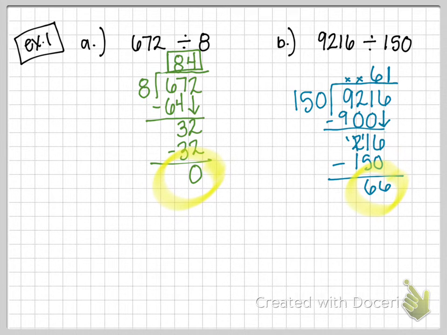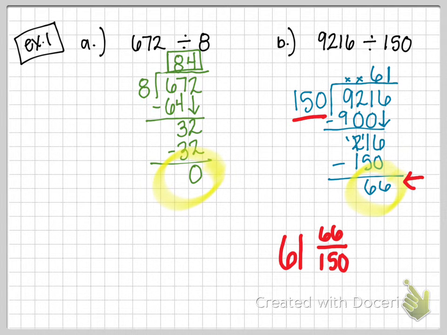Okay, 61 will be the whole number of our mixed number. And the fraction is going to be the remainder, 66, over the divisor. You're going to write it as a fraction now.